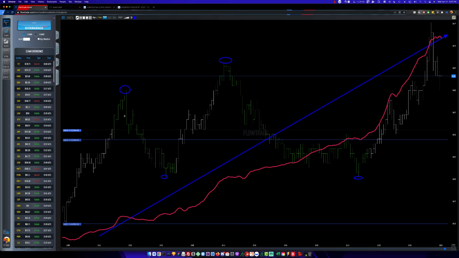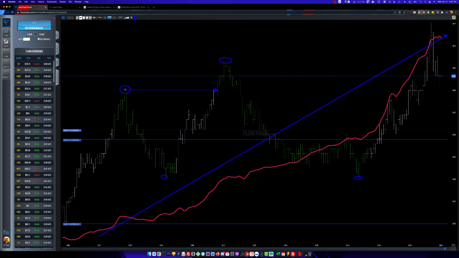That's divergence, right? So we have a divergence that started here. I want to use a different type.